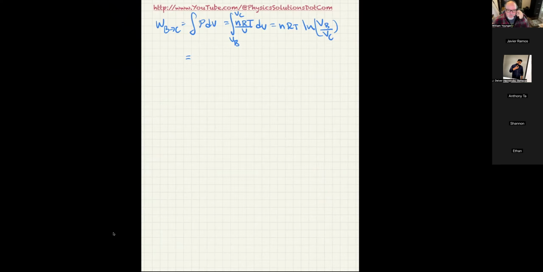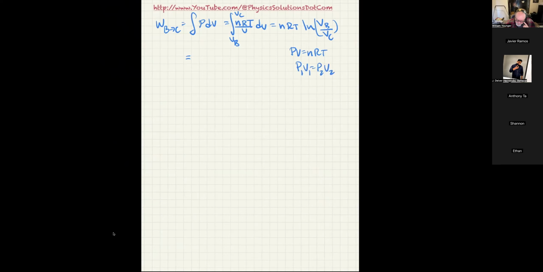So what I want to do now is, since the NRT is a constant, I can use PB times VB, because that's also true for ideal gases. PV equals N times R times T. When it's isothermal, that just means P1 V1 is equal to P2 V2.